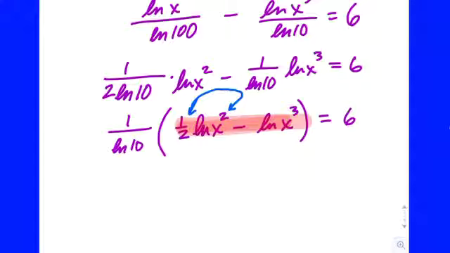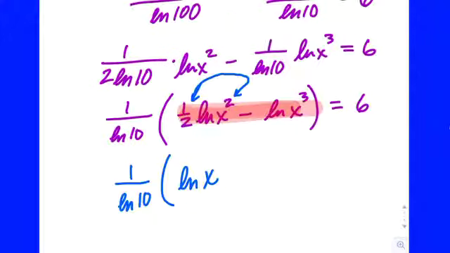If I bring up the 1/2 on the 2, what do I do with the 2 and the 1/2? Multiply. What's 2 times 1/2? 1, right? So I can just get x to the first minus the natural log of x cubed.